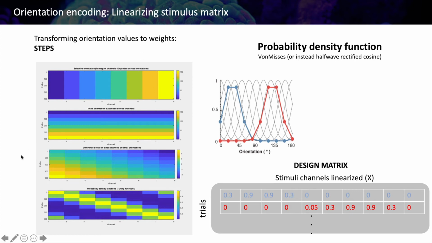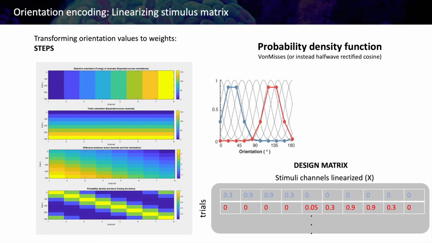So now that we have the differences, we want to compute the weights. And what can we take as weights? What we can take is the density, the probability of each difference within the normal distribution centered at 0. We are not using a normal distribution in this case because we are in circular space.